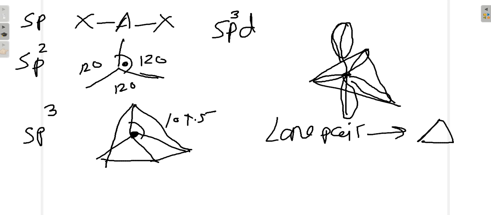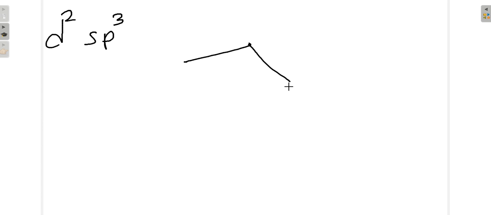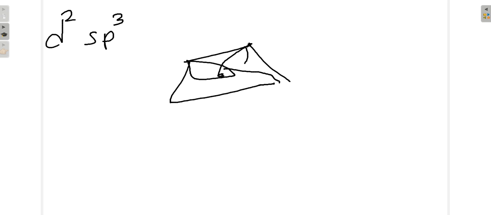Now we have sp3d2. You can see the total 6. So it can be called as a square bipyramidal, also known as octahedral. In this case we will have a square. There will be 4 orbitals at the 4 corners of a square. 1, 2, 3, 4. 1 will be above, 1 will be below.